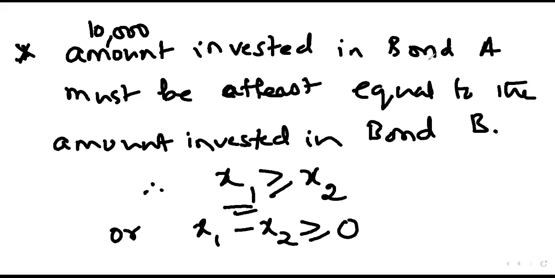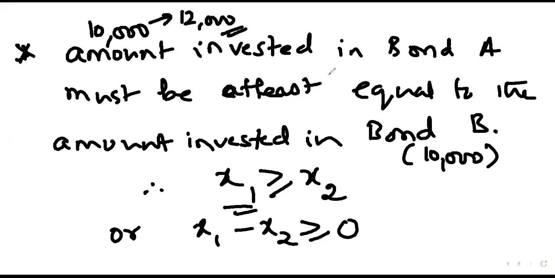So the amount invested in bond A must be at least equal to the amount invested in bond B. Let us assume bond B is again 10,000 itself. So even if this increases to 12,000 rupees, that is fine.